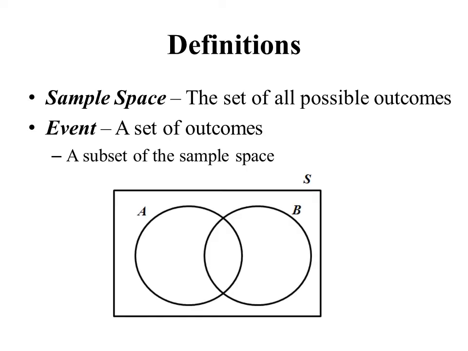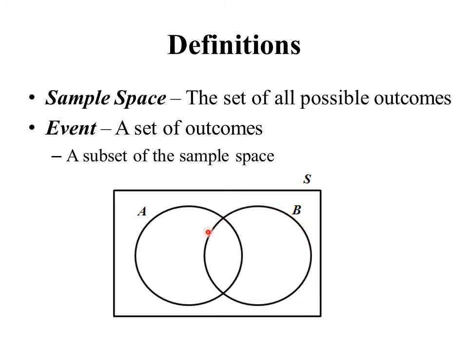Now let's talk about a simple picture that we can use to illustrate some of these ideas. This rectangle here labeled S, that's our sample space. That's the set of all possible outcomes. This circle here labeled A, that's maybe one event. That's a subset of the sample space. It's a set of outcomes.